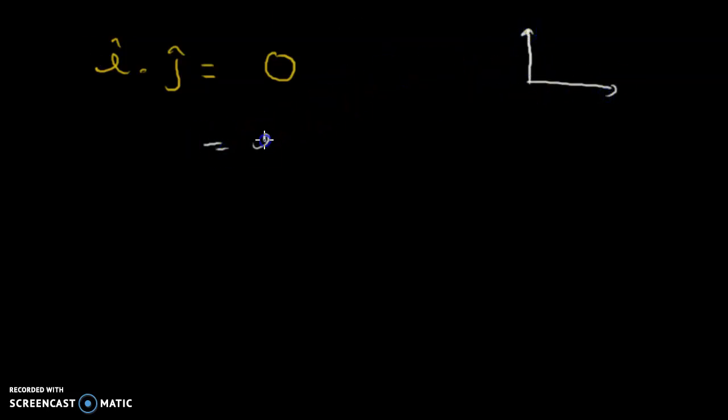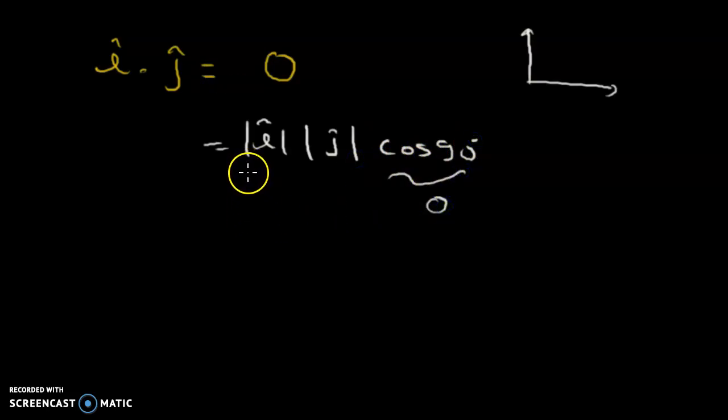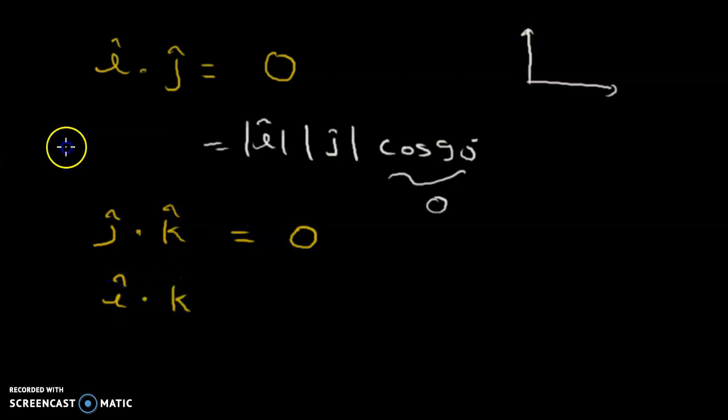So i cap, j cap, magnitude, cos 90, and cos 90 is 0, so that's why it would be 0. Similarly, j cap dot k cap would also be 0, and i cap dot k cap would also be 0. Okay, so these represent the various dot products.